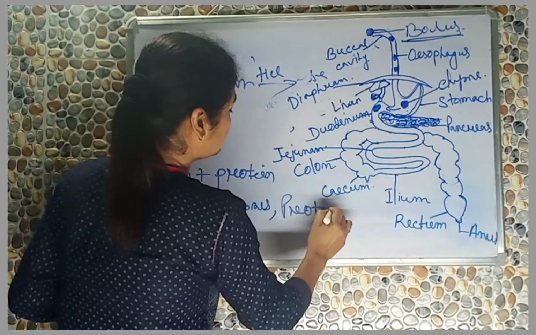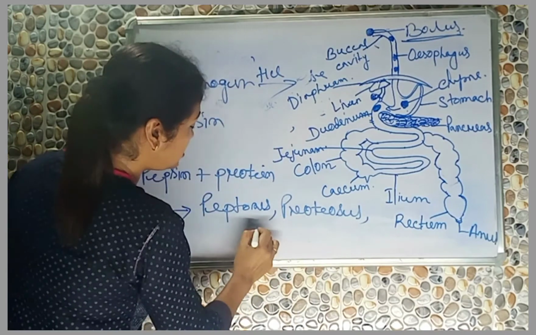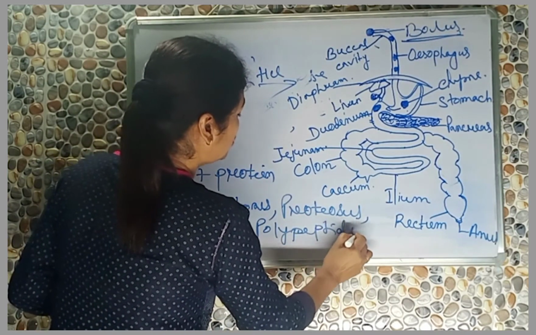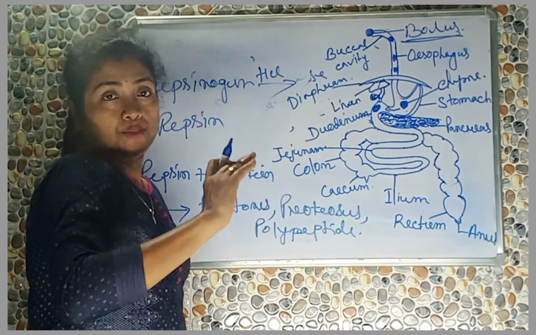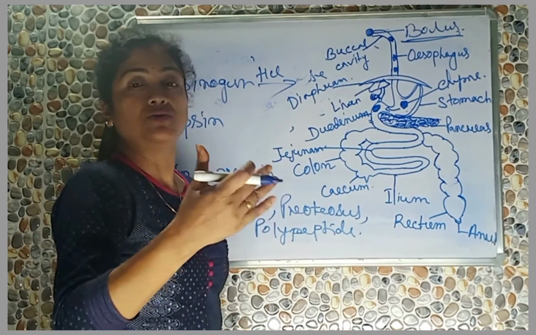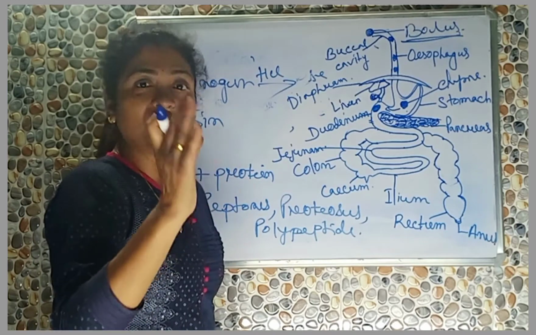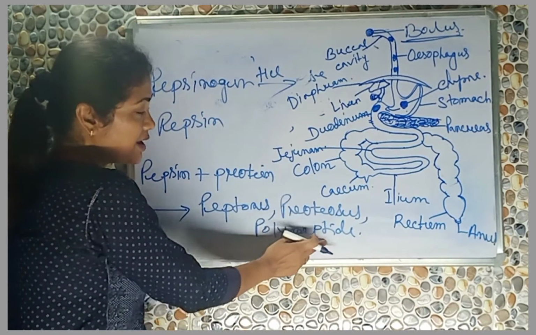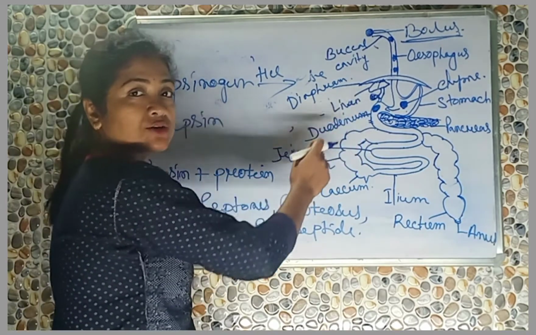proteases and polypeptide, because protein cannot be broken down directly into its simpler form, amino acid. First, they have to be broken down into peptones, proteases and polypeptide inside the stomach.